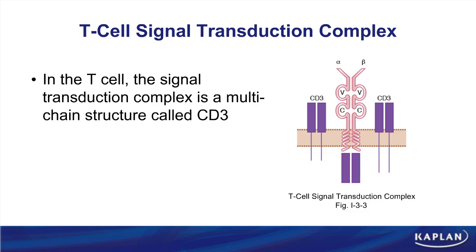You can see that it is composed of several different chains, and it definitely has the long wavy cytoplasmic tails that are needed in order to transduce a signal across the cell. CD3 is going to be responsible for that T cell being able to activate, differentiate, and proliferate. So it is really an important molecule as far as the regulation of the T cell response.